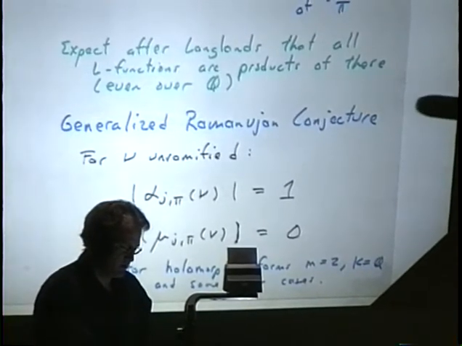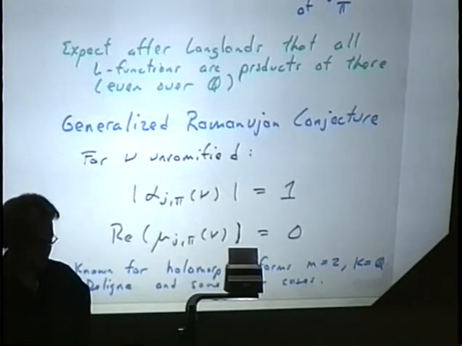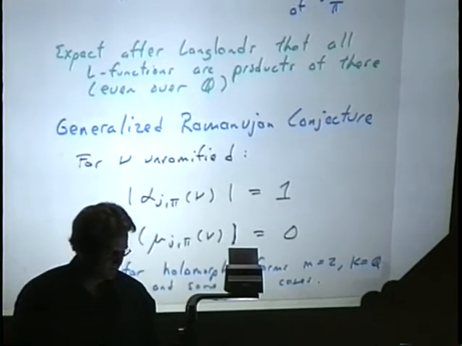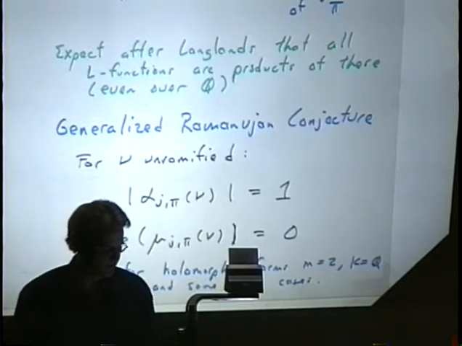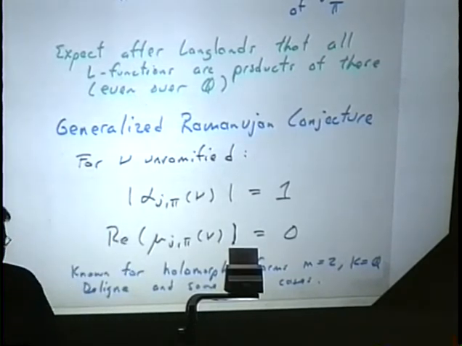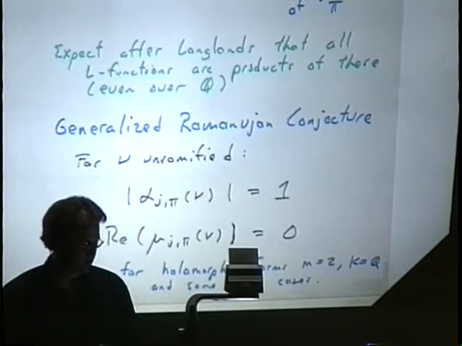But it's convenient to actually use them over number fields for certain things that I'm going to discuss later. For example, the generalized Ramanujan conjecture in this context is that for unramified places, once again, the alphas should have absolute value 1, and the real part of the mu's, which are at the infinite places, should be 0.